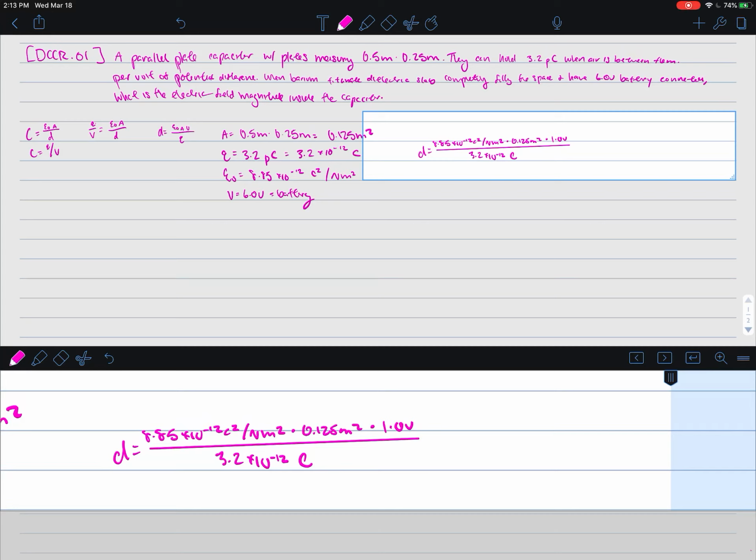So I'm plugging that into my calculator. And then that gives me a value of, let me redo this section really quickly.